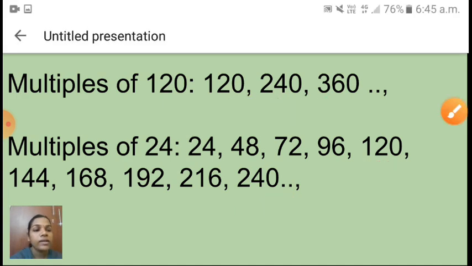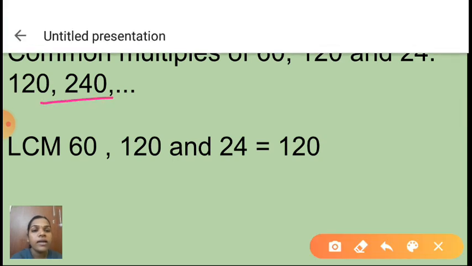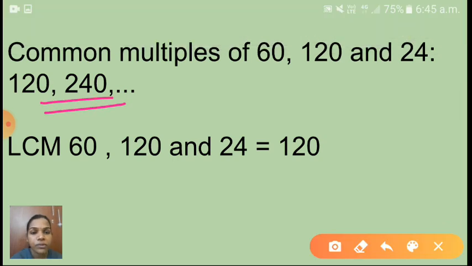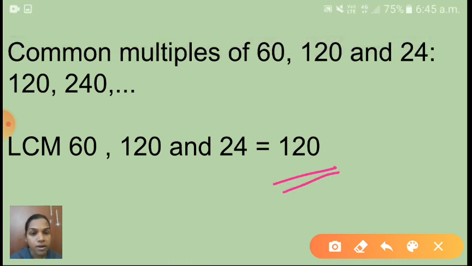So the common multiples of 60, 120 and 24 are 120 and 240. LCM means lowest common multiple, so you have to see which one is the smallest number: 120. So 120 is the LCM of 60, 120 and 24.